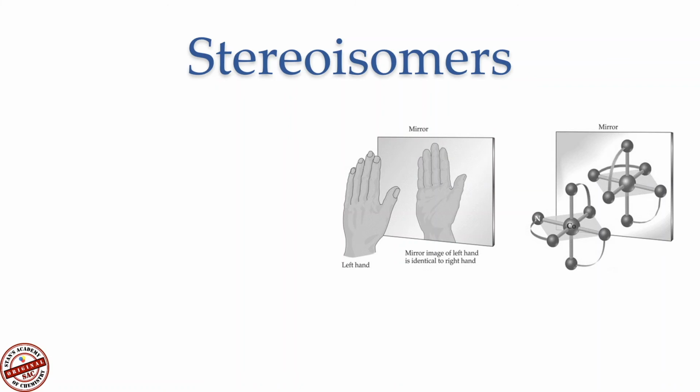So that's what we refer to as optical activity. If you take lactic acid that is giving positive rotation and lactic acid that gives you negative rotation, they are two different types of optical activity.